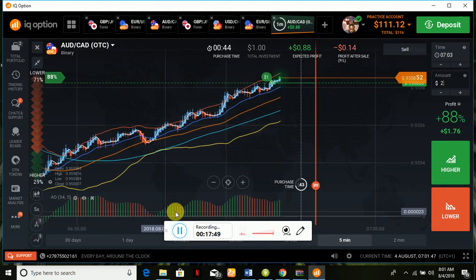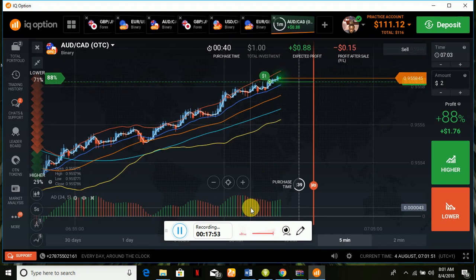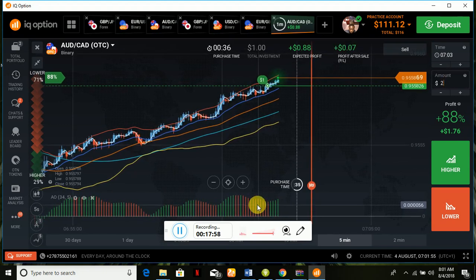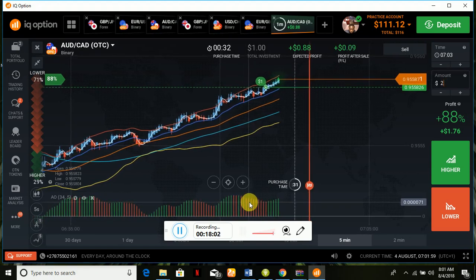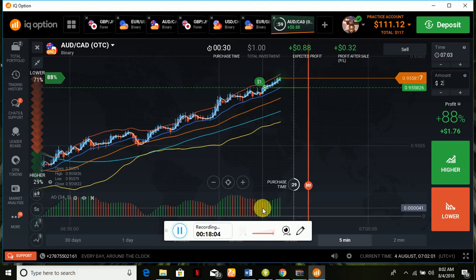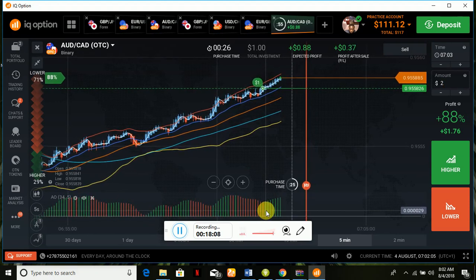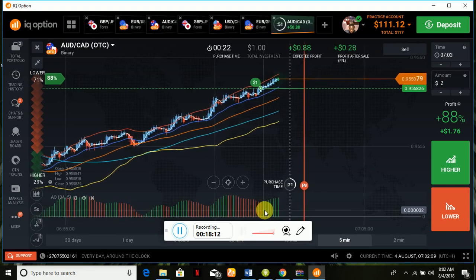As you can see, awesome oscillator still at the top here, still above. Another thing that you'll have to be careful with is that if your awesome oscillator is red like this, you mustn't buy in that case. At least wait to see a green bar like this one, then you can buy.